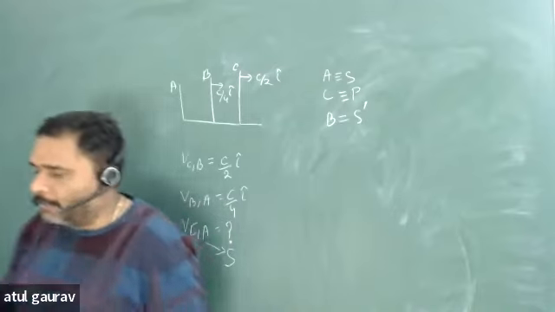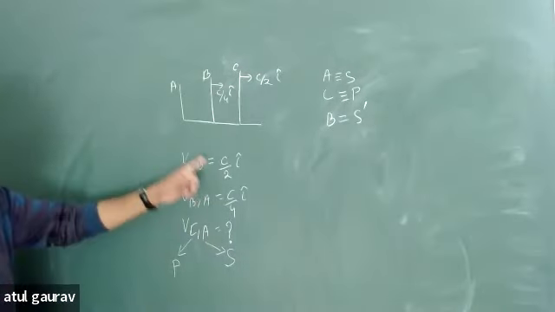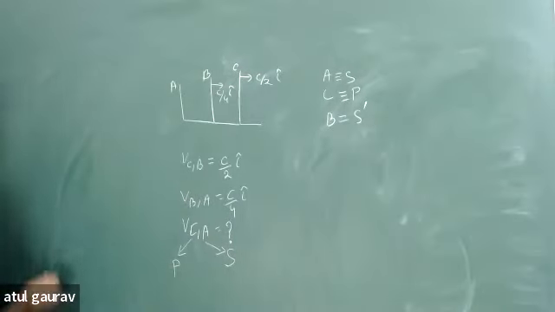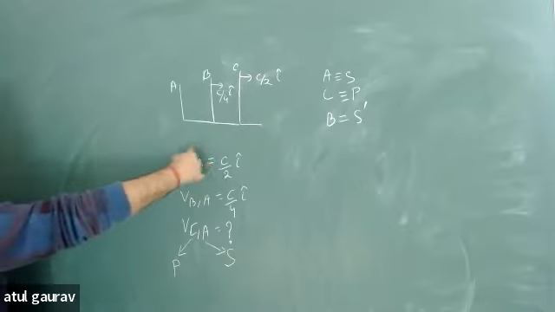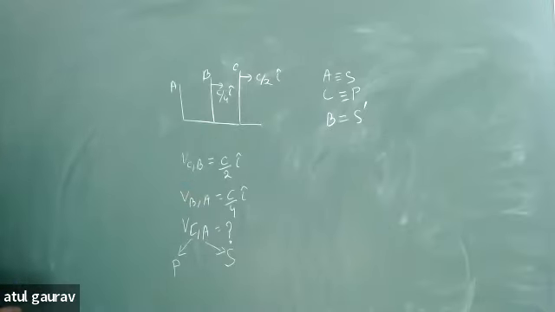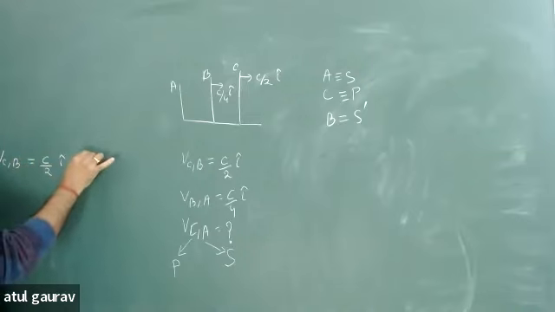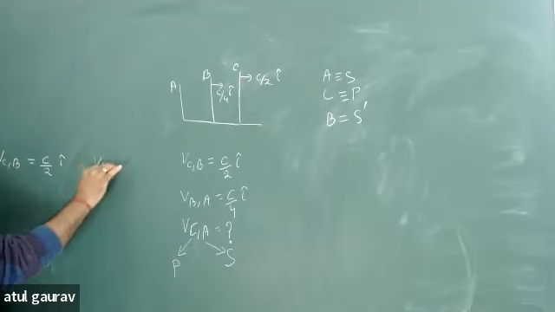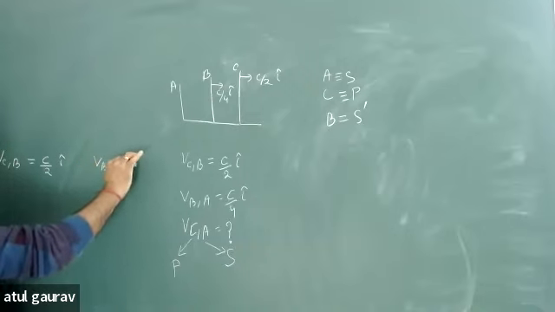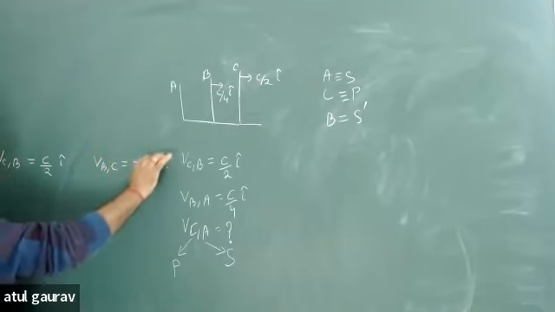Good. Now write all this information again. Look here. So this is one information or two information? Two information. So velocity of C with respect to B is c by 2 in I cap direction. Then I can say velocity of B with respect to C is minus c by 2 in I cap direction.